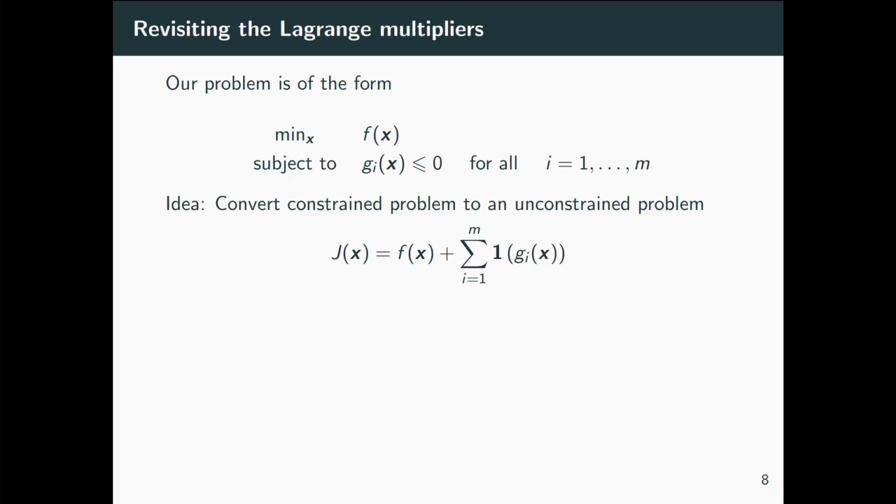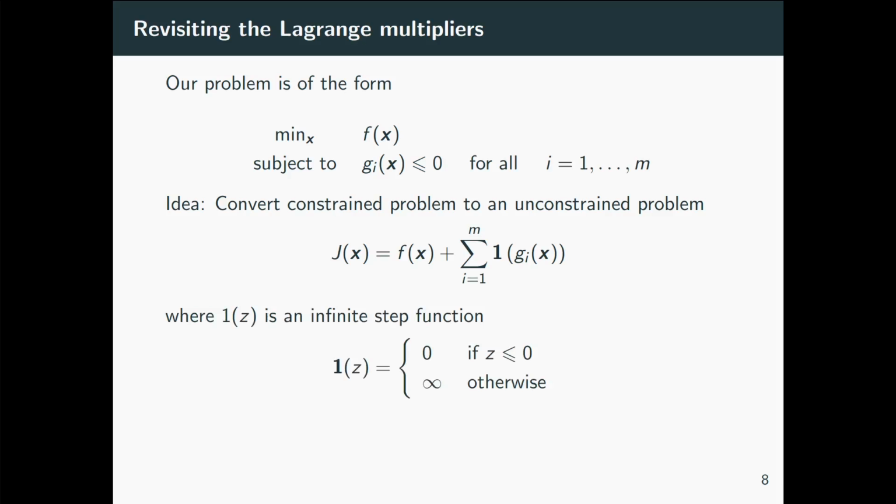So you've plugged in all of these values inside this infinite step function, and now this is a single line equation. This is not subject to anything per se, but we need to define what this infinite step function is. It has to satisfy these constraints, because that's the way in which we want this problem to be solved. We want the constraints to be satisfied.